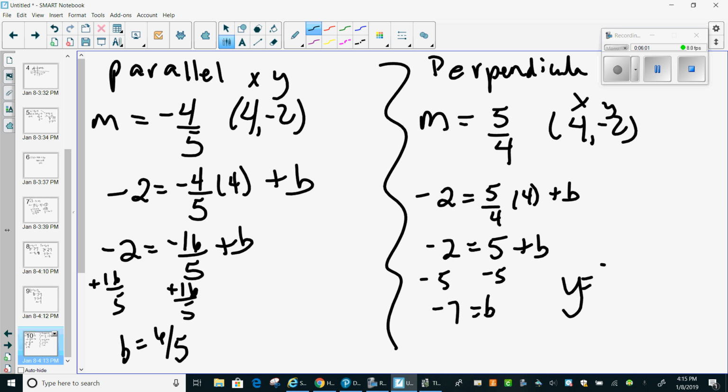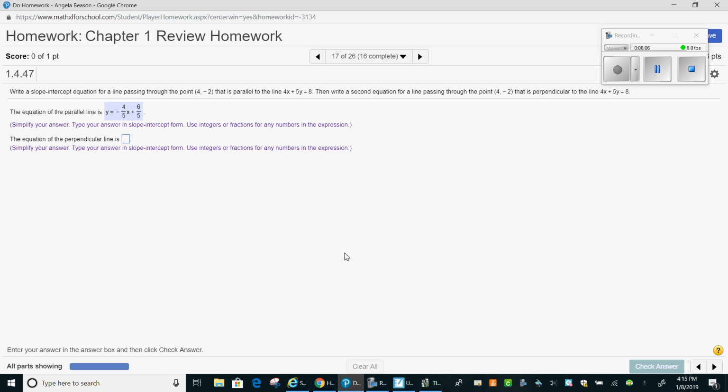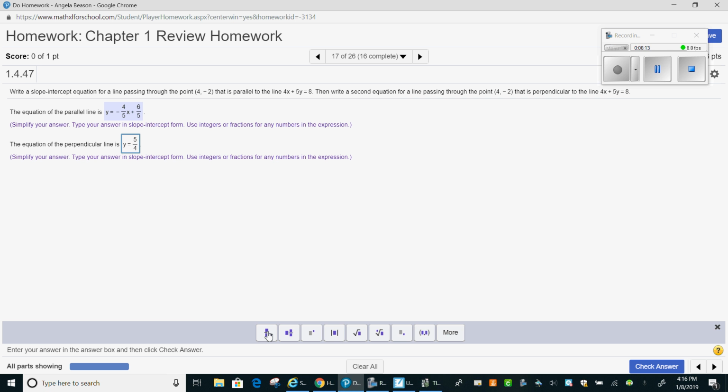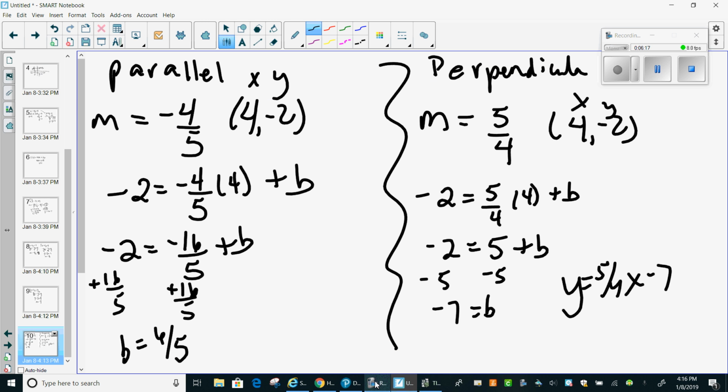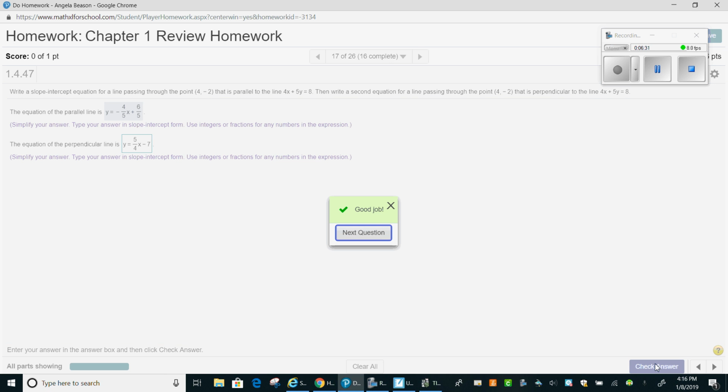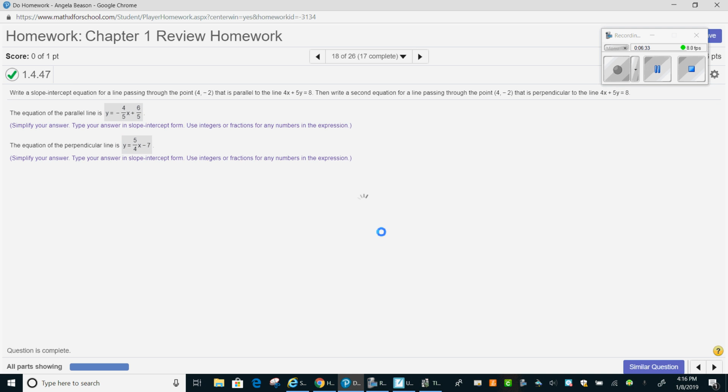So this is going to be y equals positive 5/4 x minus 7. Let me make sure I picked those up right. 5/4 x minus 7. You're going to have a little bit more of an advantage than I do right now because you're just writing on paper and not having to go between two screens like I'm having to do. But I want you to see the work that I'm doing.